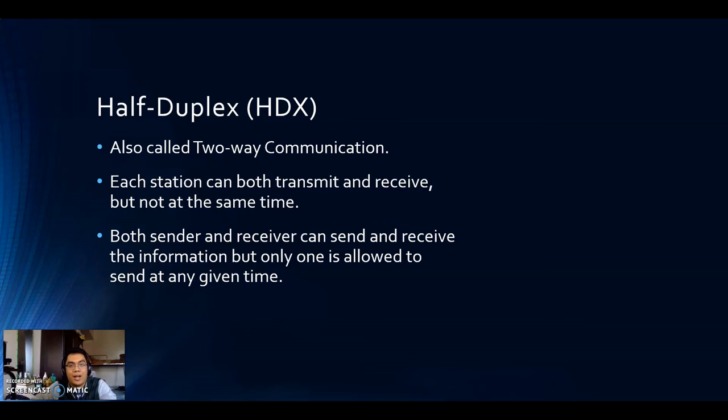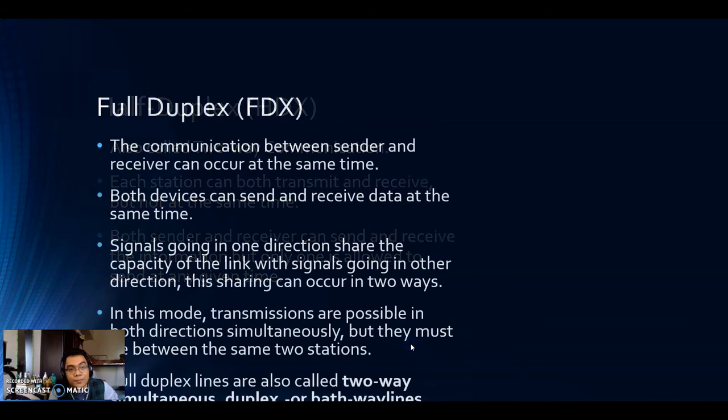If I am calling someone on a walkie-talkie, I can only contact him if he is not calling me at the same time. If he's not calling me at the same time, we can establish a communication where I send him something through voice and he will listen and hear what I'm saying on the other end. And that's how HDX simply functions.